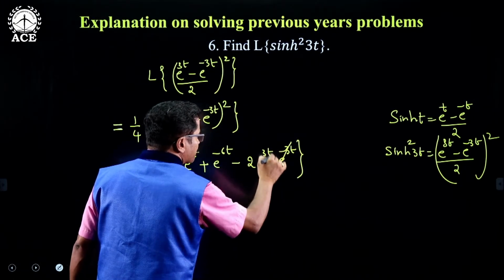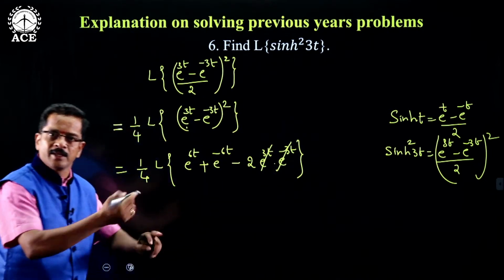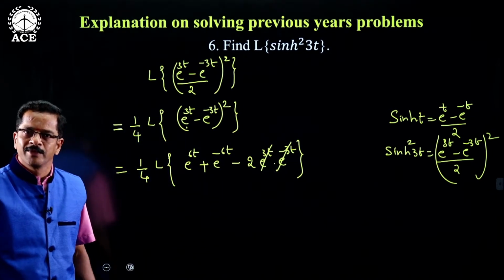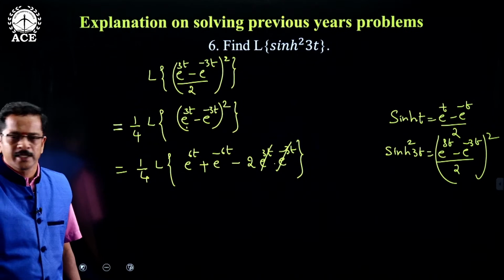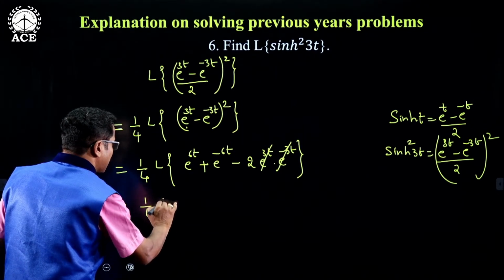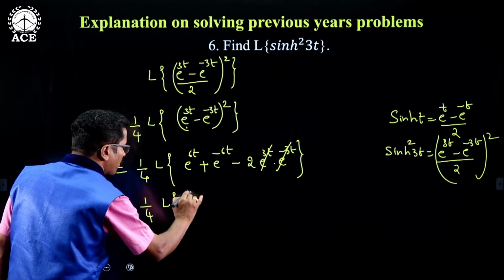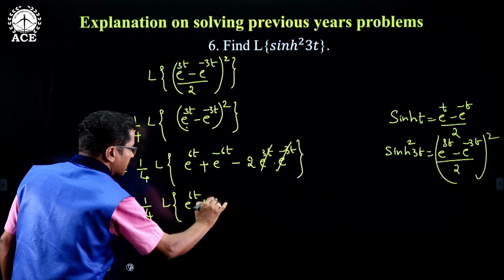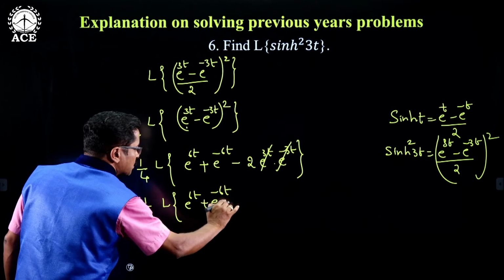These terms get cancelled as they are inverse to each other. So which is equals to 1 by 4 Laplace transform of e power 6t plus e power minus 6t minus 2.